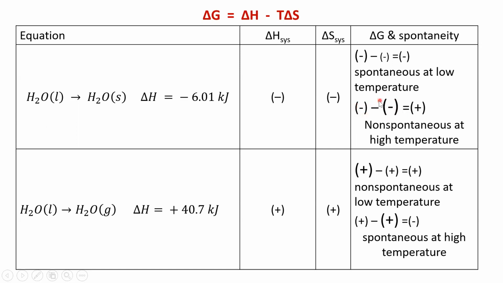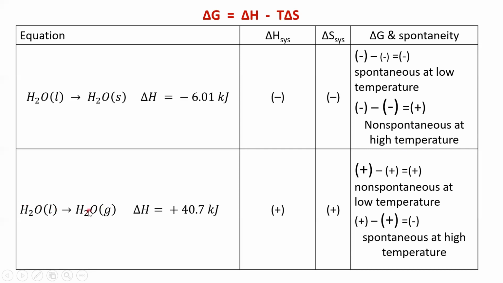And subtracting a negative is the same as adding a positive. If the positive side is bigger, if it's entropy favored, delta G will be positive and the reaction will be non-spontaneous at high temperatures.